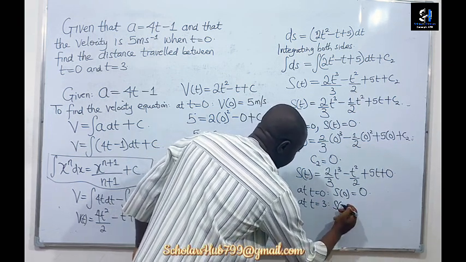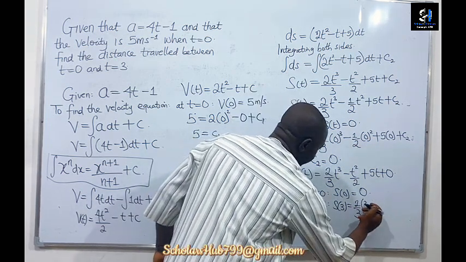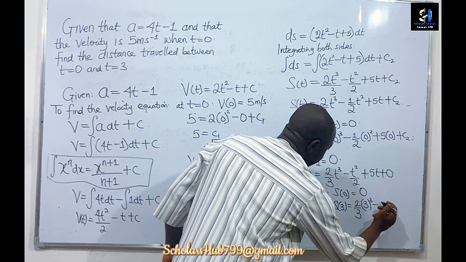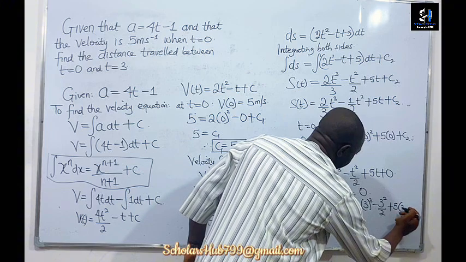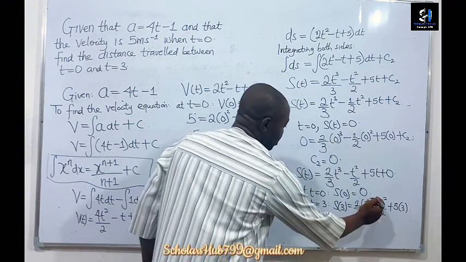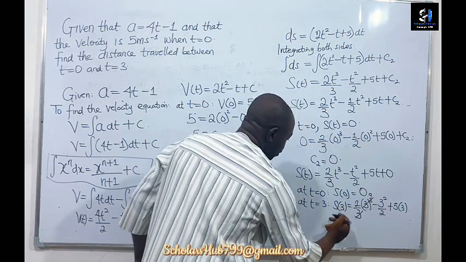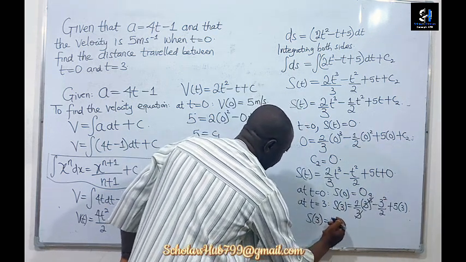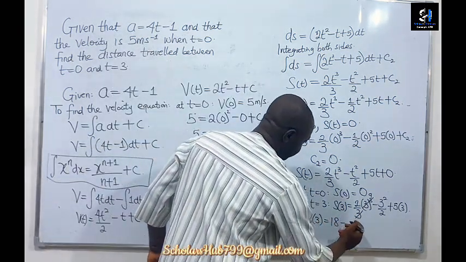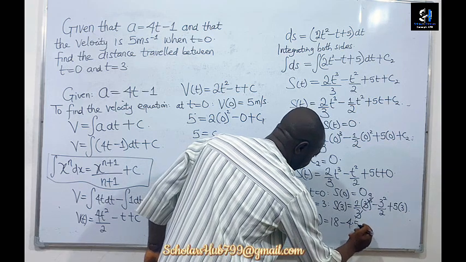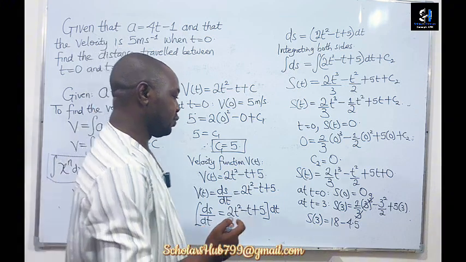Now, at t equals 3, the distance, which is s of 3, will be equal to 2 over 3 of 3 raised to the power of 3, minus 3 raised to the power of 2 over 2, plus 5 multiplied by 3. So this is 27 divided by 3, which is 9. So 9 times 2, s of 3 will be 18. 18 minus 4.5, because 3 raised to the power of 2 is 9, and 9 divided by 2 is 4.5.